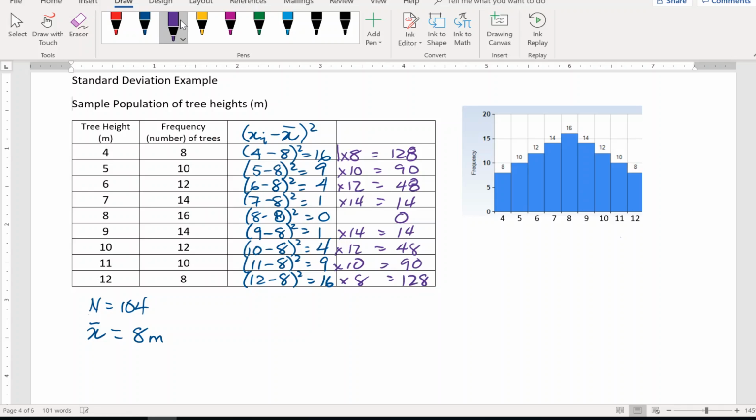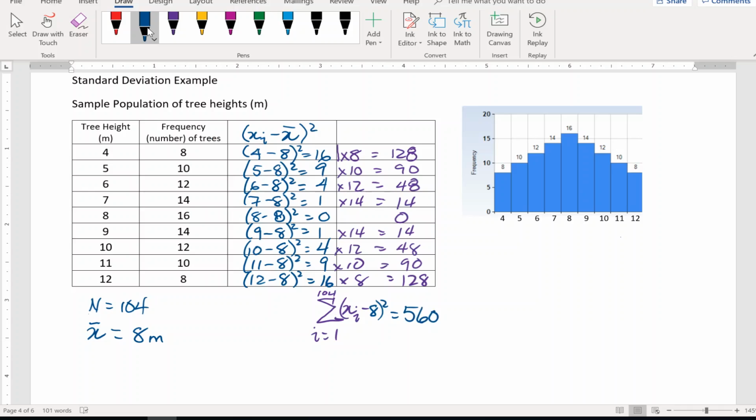Now, in order to get our standard deviation, we have to sum all of these scores. So this, remember, is from 1 to 104, and we're summing. I should put in what the mean actually is here, and that is 8 squared. And when we sum up all of these values, that happens to be 560.